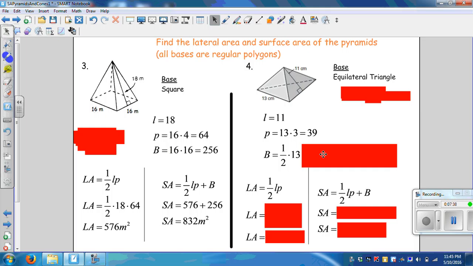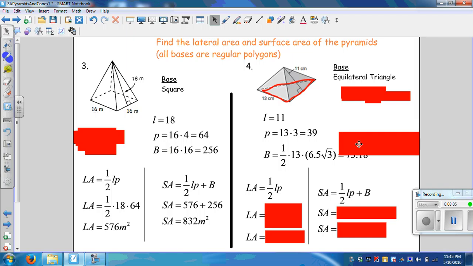And the base of one of these is 13, but remember the height or the altitude of this base triangle, which if I trace it, you can see it in red. You would need to draw in the altitude for that. So the altitude is going to be half of one of the bases, which is going to be half of 13, or 6.5, times the square root of 3.